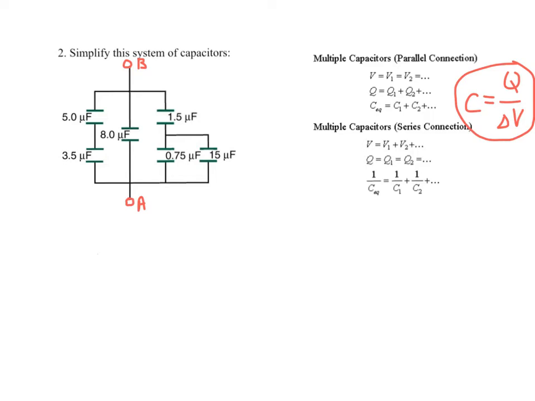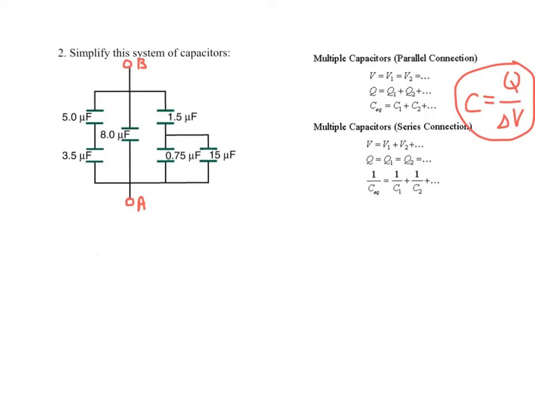You'd hook up the positive part of the battery to point B and the negative part to point A. We're not going to get into the difference between those. What you're going to be getting into is simplifying these circuits and then figuring out how much charge is on any particular capacitor, because right now they're rated for their capacitance.